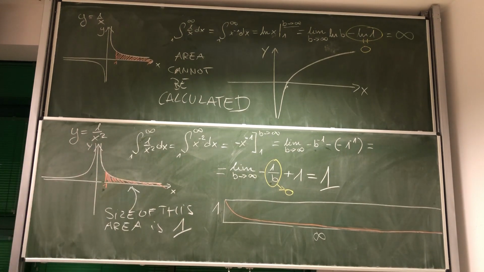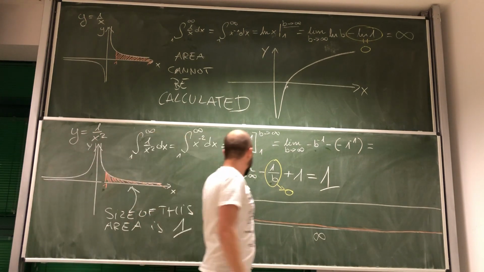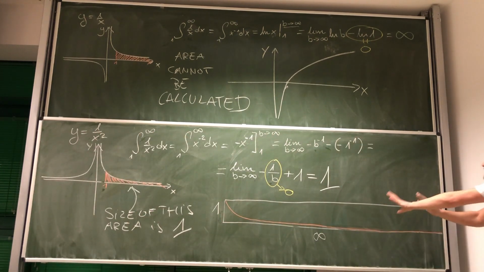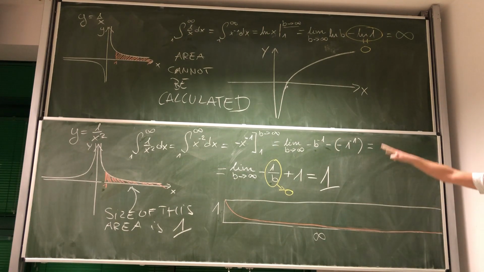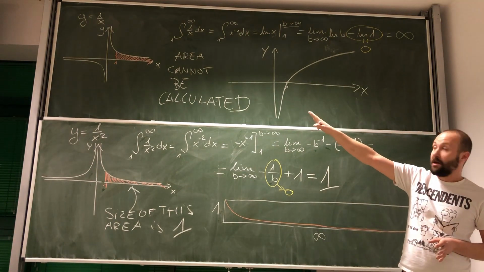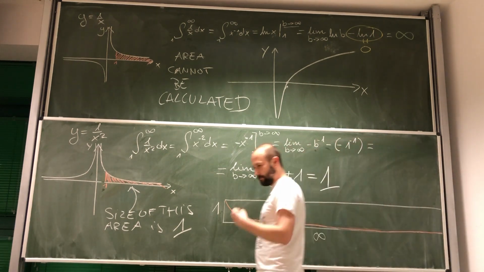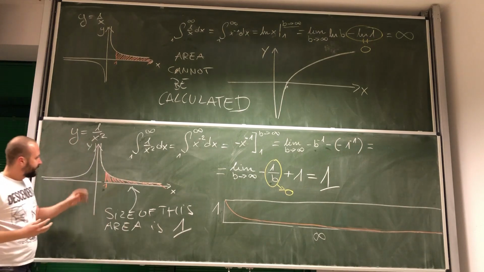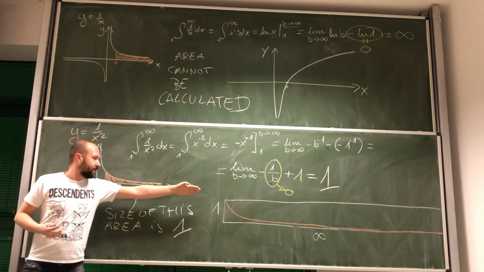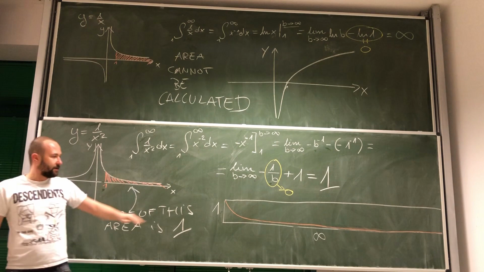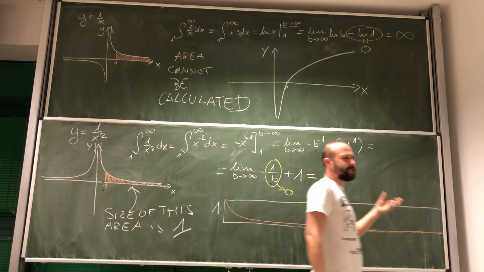Okay, so, look, what is the idea behind this? We know that this area is definitely lower than infinity, unlike over there, but why is it so small? How is it possible that something that is going for so long is actually an area that is so tiny?